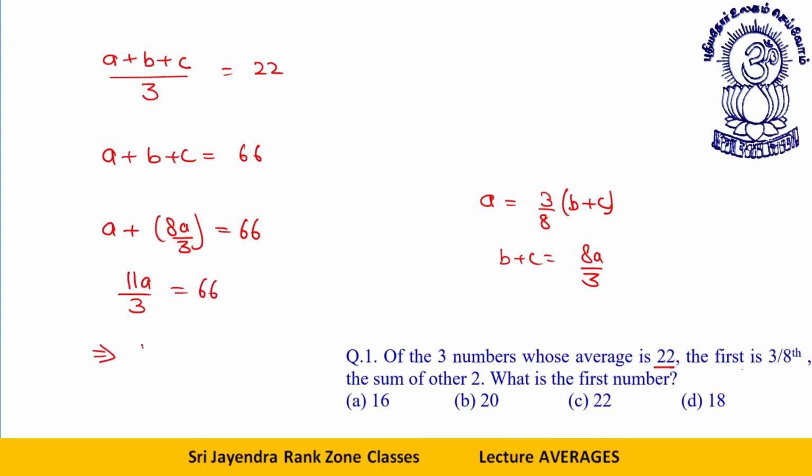This implies A is equal to 6 into 3, is equal to 18. Okay, dear students, let's move ahead. Done? Easy. The first number is 18. Let me take you to the next question.